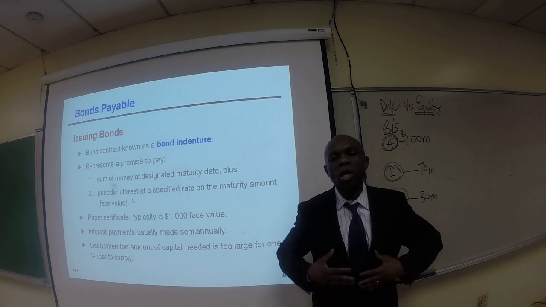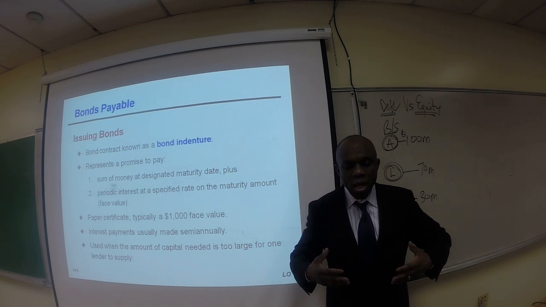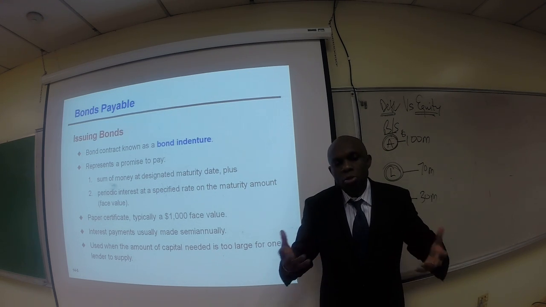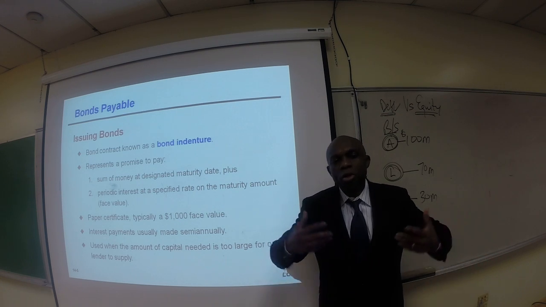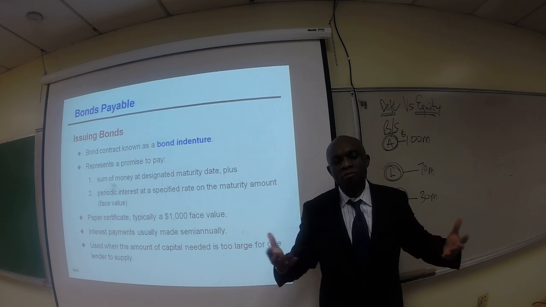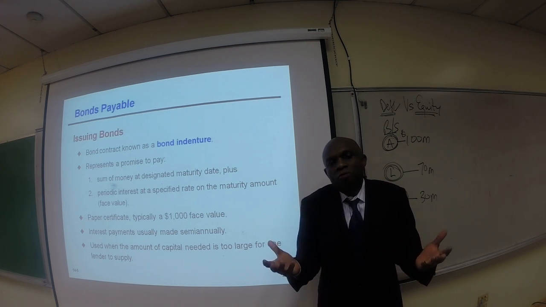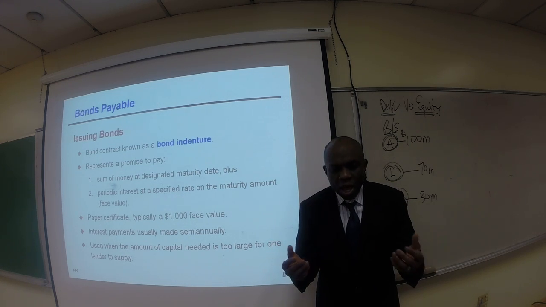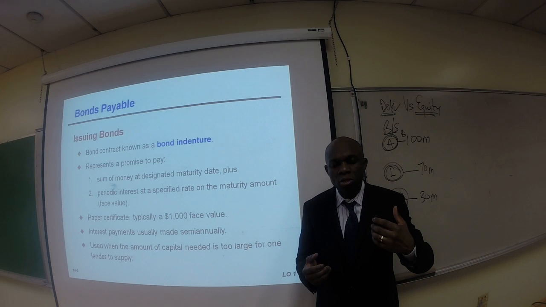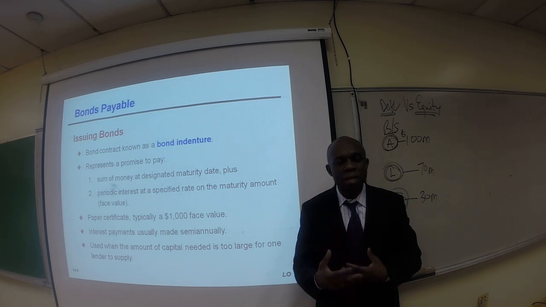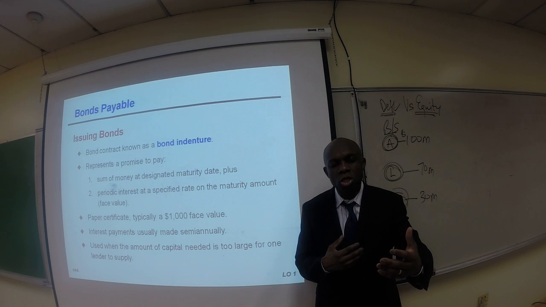What does that mean? Why would a company issue bonds or common stock, like we indicated earlier? To raise money for their operation. So when a company issues bonds of $10 million and an investor buys the bond, that investor is a creditor. The company is a debtor, so the company is indebted to the creditor.